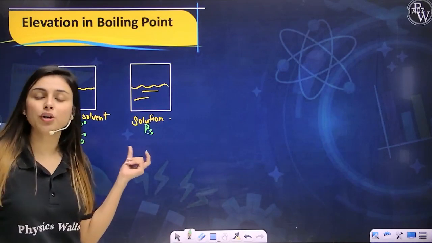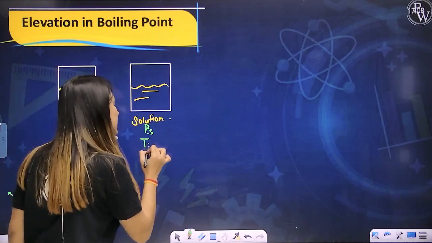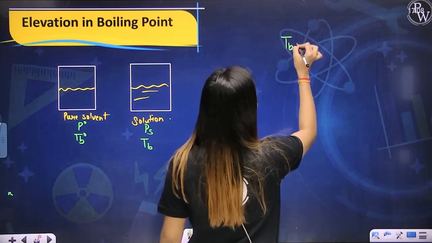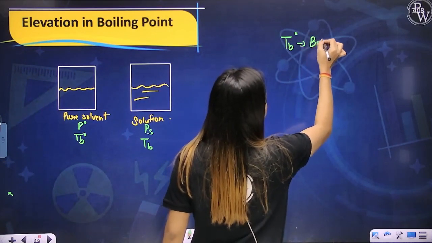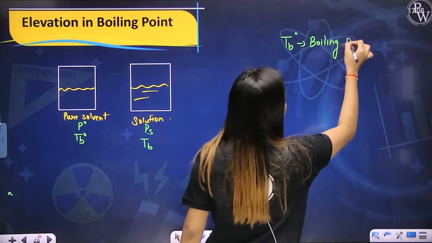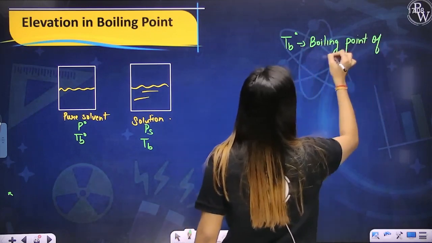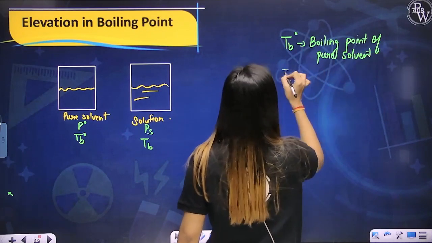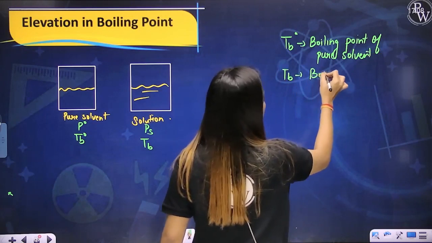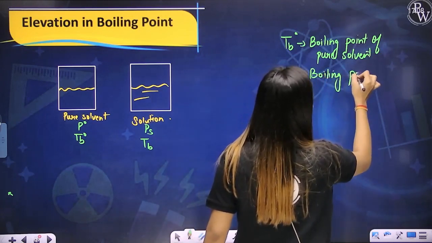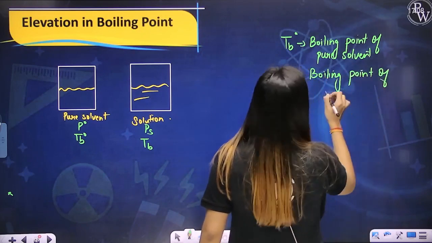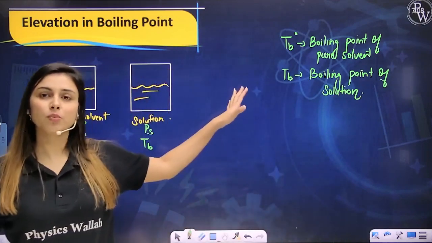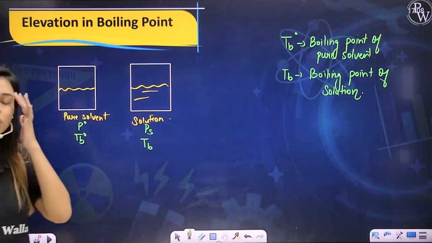This is the boiling point of pure solvent, and TB is the boiling point of your solution.